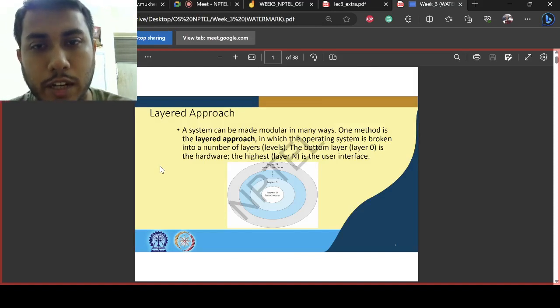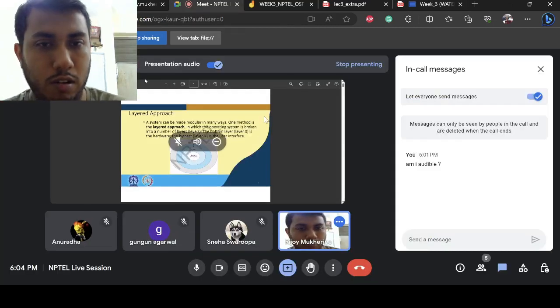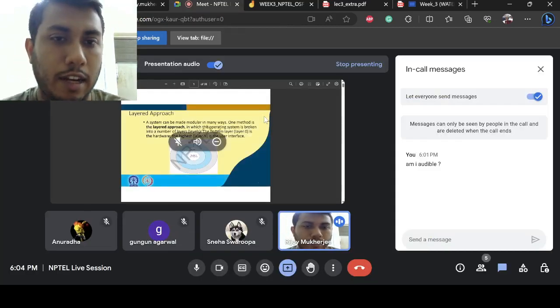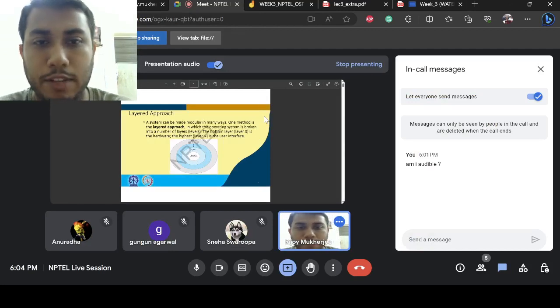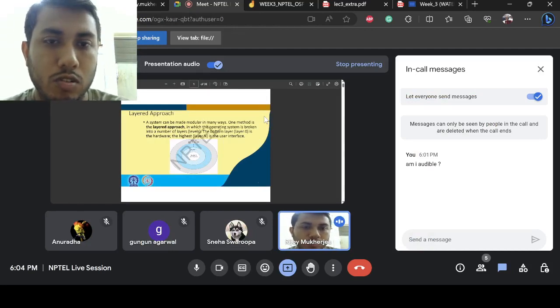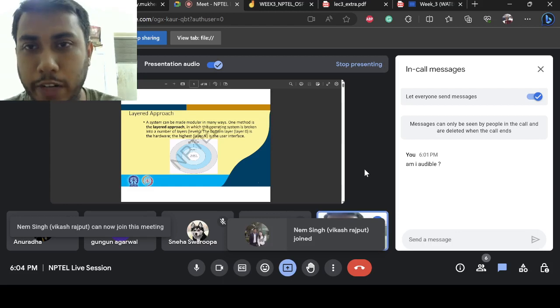Like previous week, we discussed how the OS operates with the hardware as well as the user interfaces, like the application program which we have written. This week we again go through a bit of it.